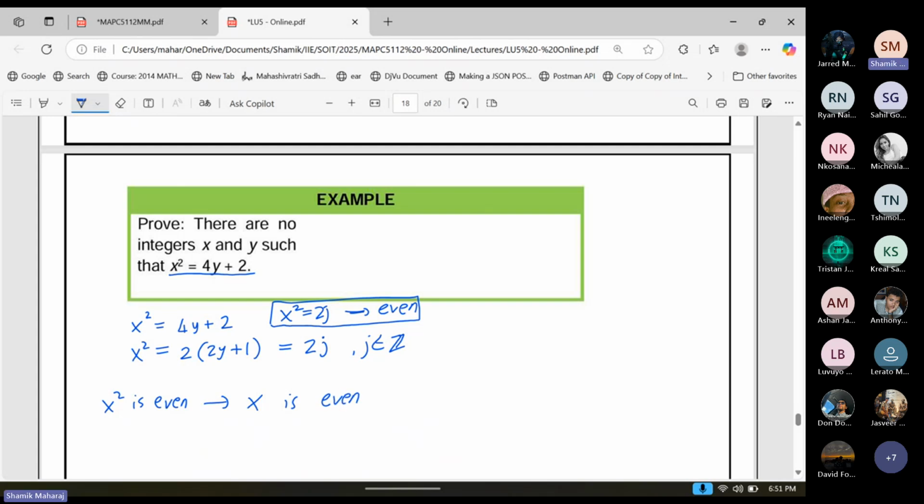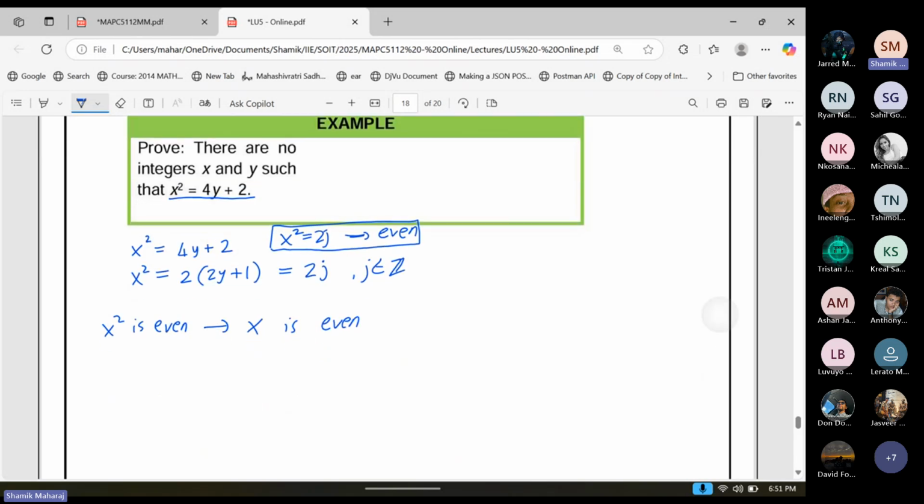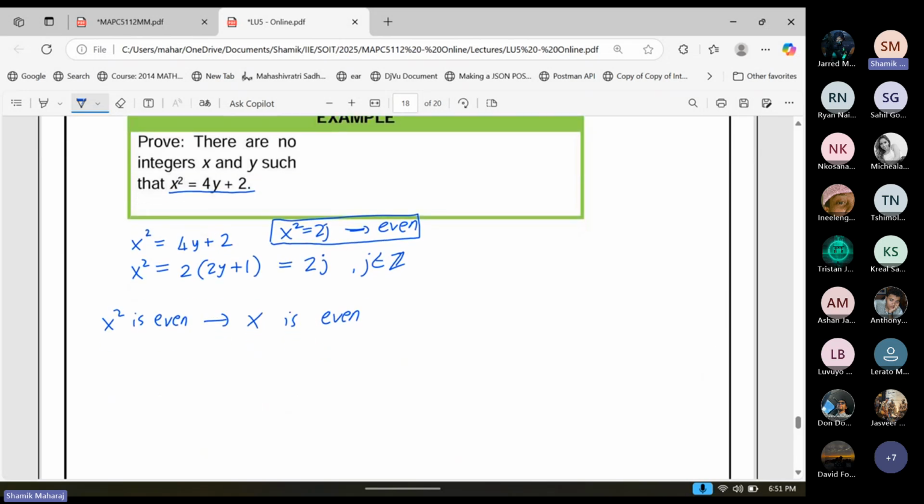If you're given this in an exam, you have to reprove it, of course, but we just did it, so we will remember this part. So x is even means I can write x itself as 2 times, let me not use j because we used it already, let's use k. x is 2k, where k is some integer.